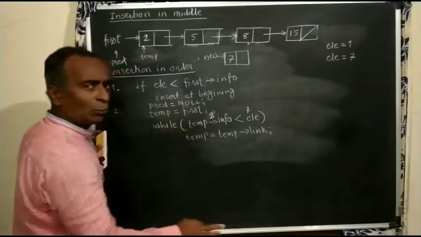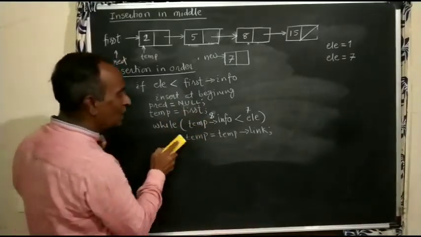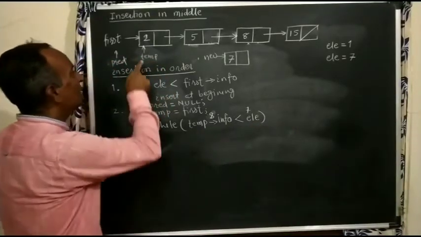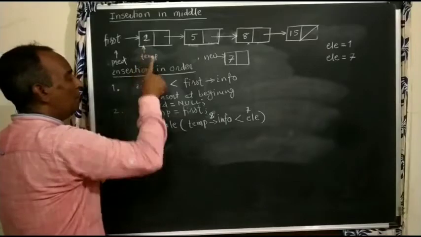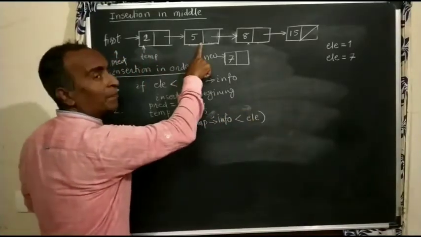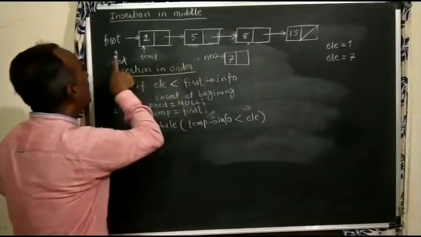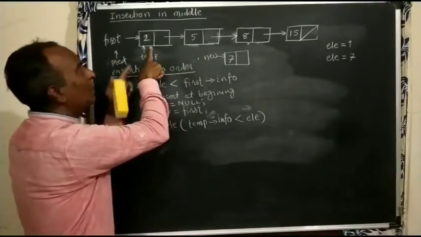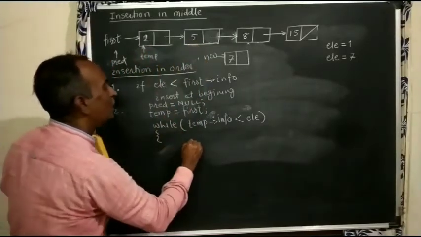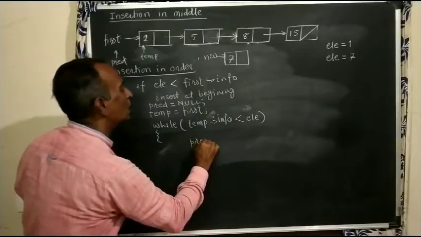This condition I want to maintain, but with a small change. When there is a requirement of movement of temporary, before moving temp, I'll move predecessor and then I'll move temp. So what will happen? First I'll move predecessor.